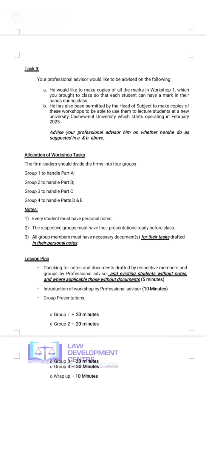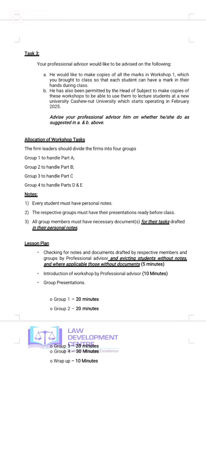Your professional advisor would like to be advised on the following. He would like to make copies of all the marks in workshop 1 which you brought to class, so that each student can have a mark in their hands during class. So we have what we call fair use under section 14 of the Copyright and Neighboring Rights Act. So under section 14, under fair use, for study purposes, you can proceed to do that.